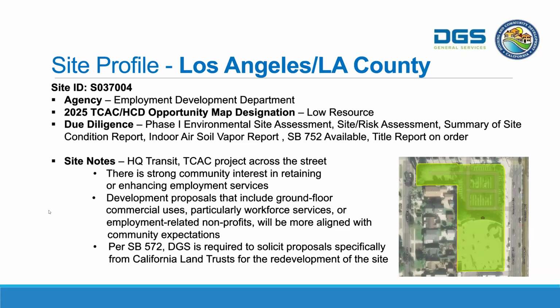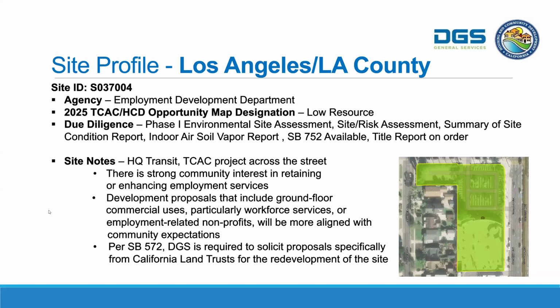However, we knew that legislation existed before we posted on the map, and we want to guide you, if you're interested in this great site, into some of the community interests as we understand them. There is a strong community interest in retaining or enhancing employment services, which is really the genesis for that bill.